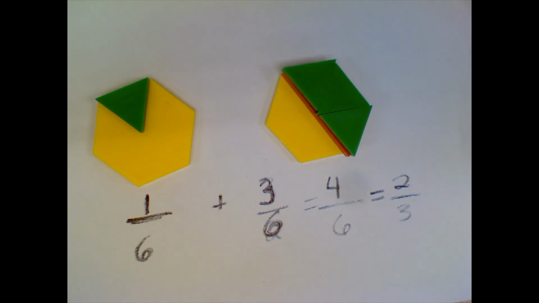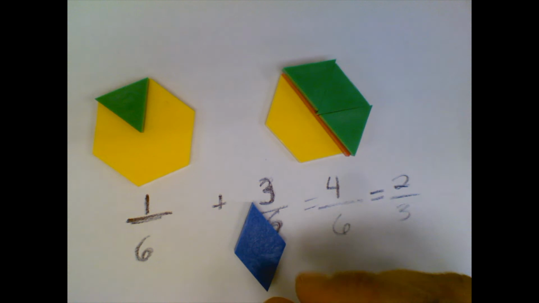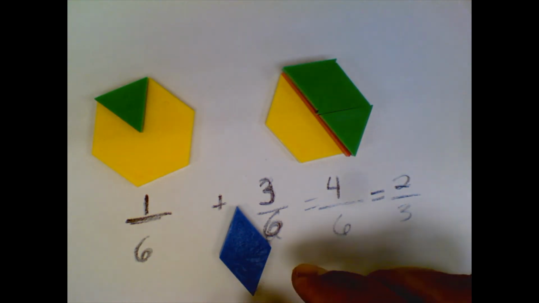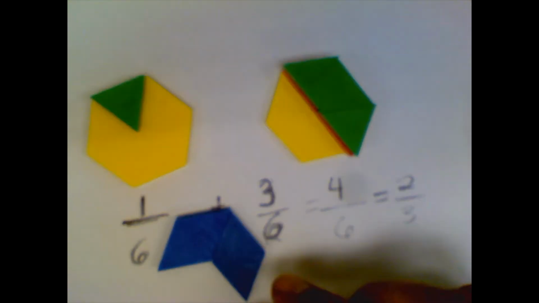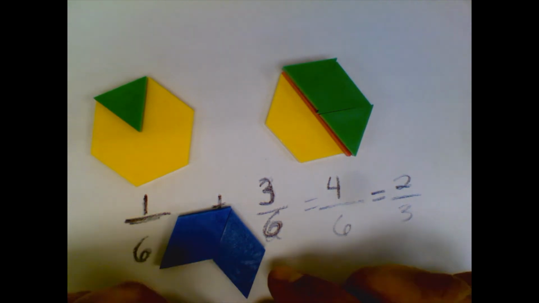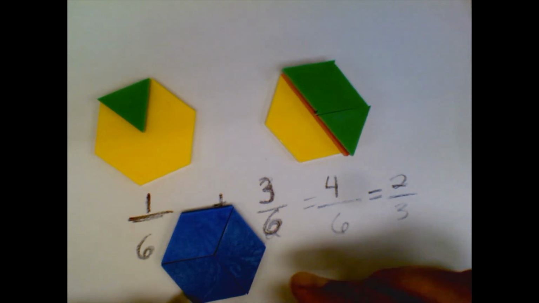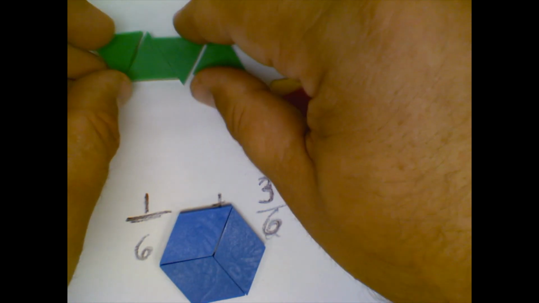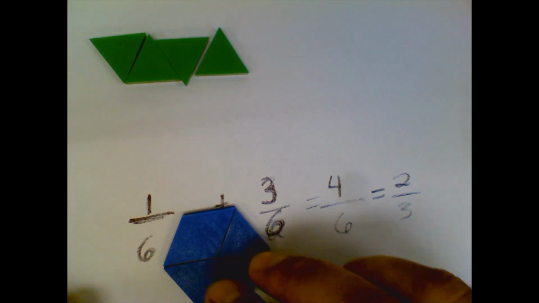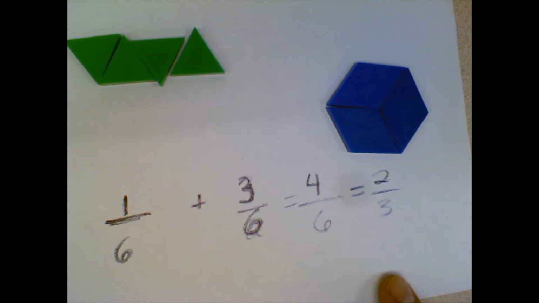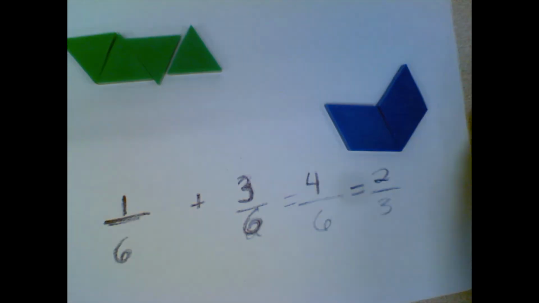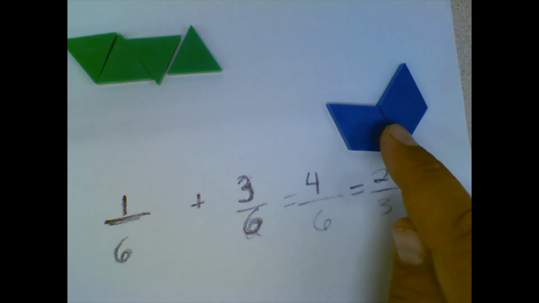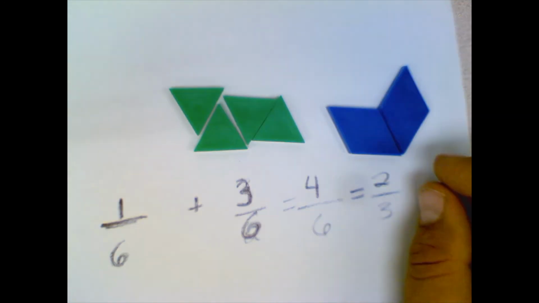Let me demonstrate that. Remember these blue pieces? These were representing 1/3 before. 1/3 of the one yellow hexagon. Let me get rid of all the stuff except the 4/6 that we have here, just to show you that 2/3 is the same thing as 4/6. Here's 2/3, and here's 4/6.